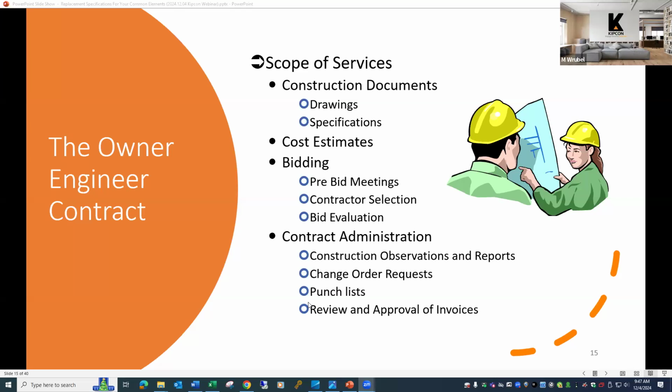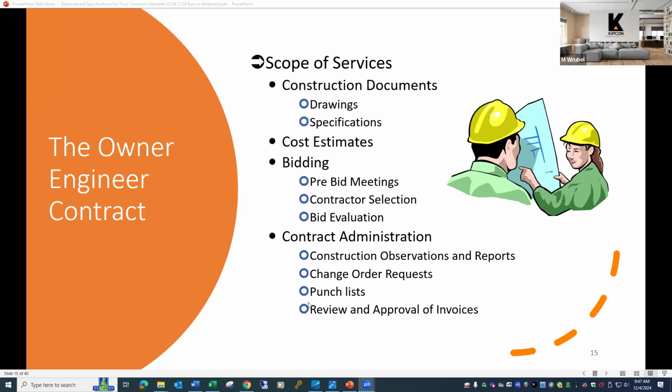Also, the preparation of what are called punch lists. Construction is often a messy business, and sometimes during the course of the project, there are certain defects or points that need to be revisited by the contractor. In the case of pavement, there might be an area that needs a little more compaction, or a little bit of a grade alteration for drainage purposes on very flat sites.